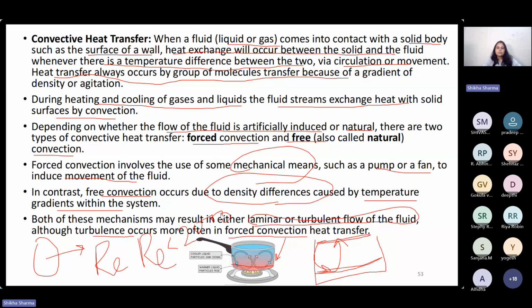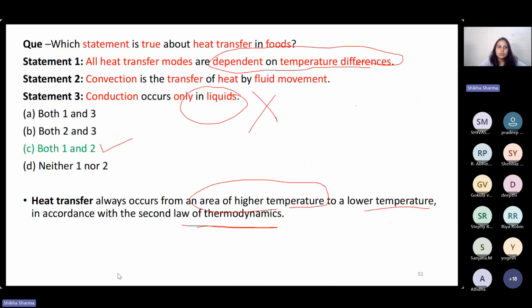And Reynolds number is inertial force over viscous force. There is also transition flow, which is 2000 to 4000, and greater than 4000 is turbulent. So the second statement, that convection is the transfer of heat by fluid movement, is also correct here.